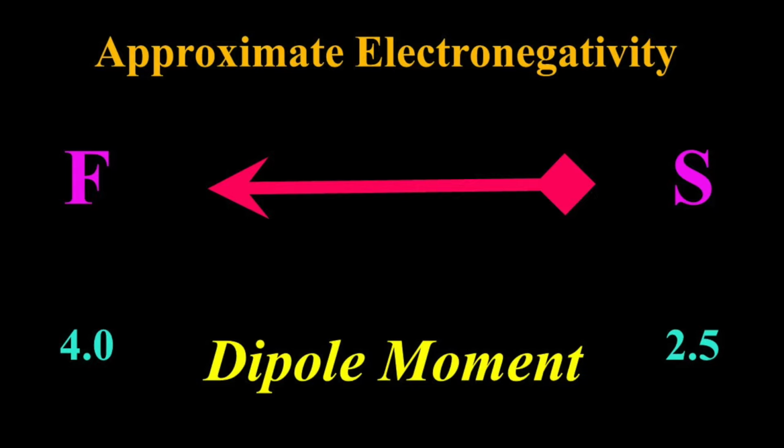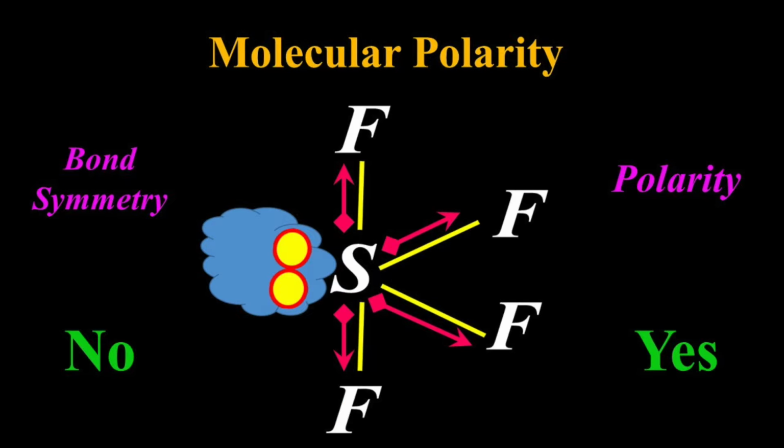Clearly, the electronegativity of fluorine is greater, so the direction of the dipole is going to be towards fluorine, which has an electronegativity of 4, compared to that of sulfur, which has 2.5. So we're going to put those in around the molecule. So that's going to be no bond symmetry, and clearly it is a polar molecule.